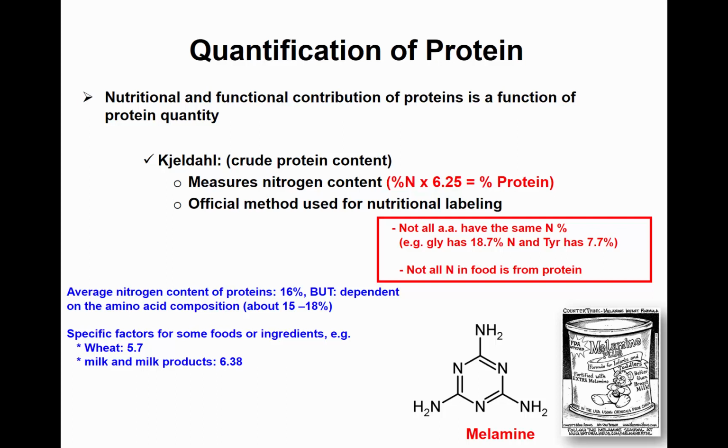So they put enough of it to trick the Kjeldahl method, so that it would state it has a certain amount of protein when it doesn't, because the nitrogen was converted to protein where it's not coming from protein, it's coming from melamine. And that's how it passed detection when it was brought into the US.